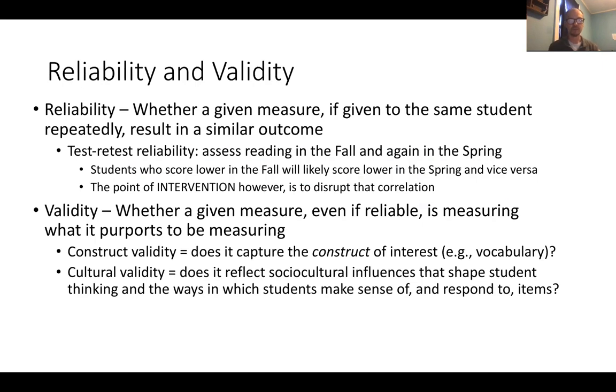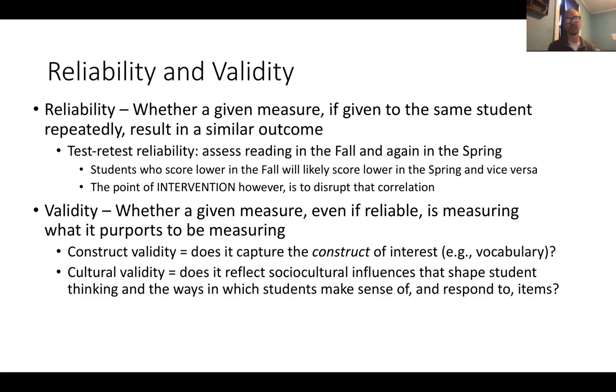So another big issue in assessment, broadly speaking, are issues of reliability and validity. Reliability is how reliable is a measure. So if you take a measure and you give that measure to the same student repeatedly, will the performance on the measure be similar over time? One of the big forms of reliability in testing is called test-retest reliability.